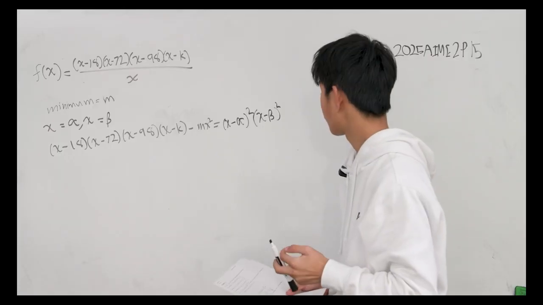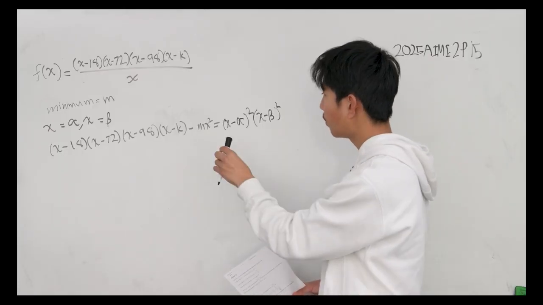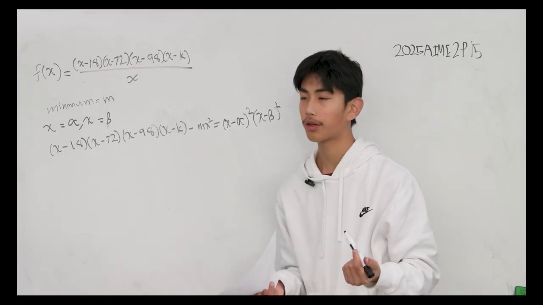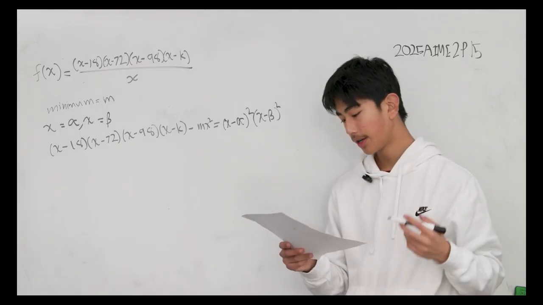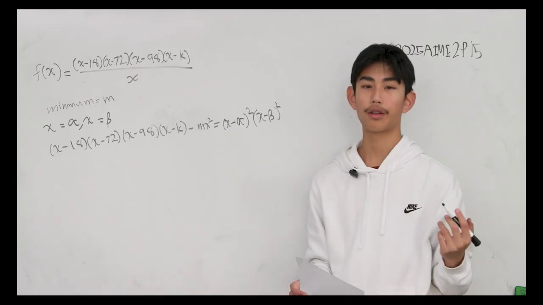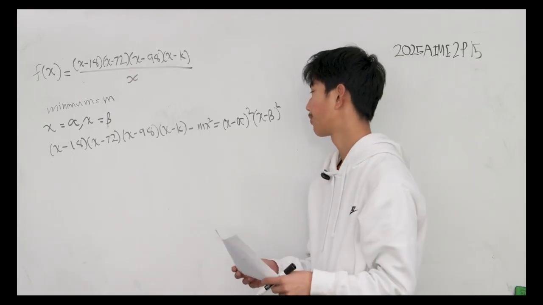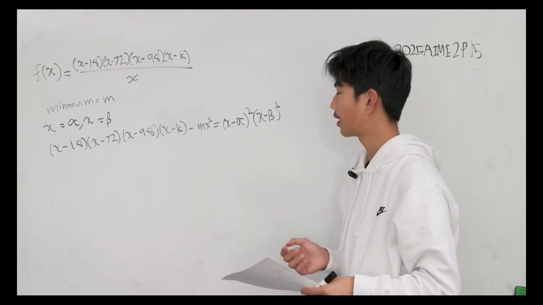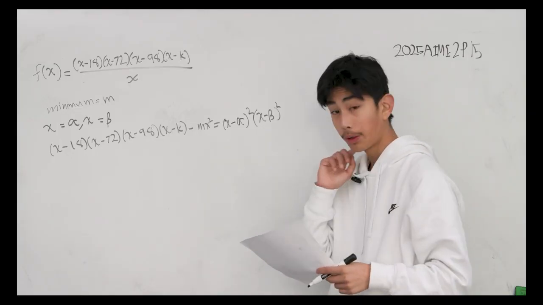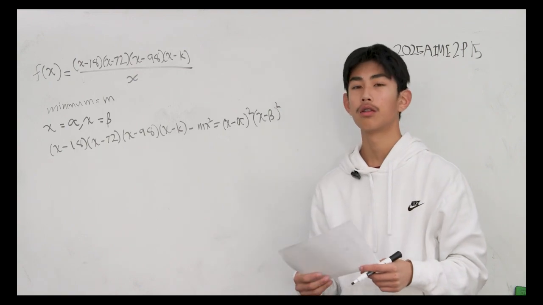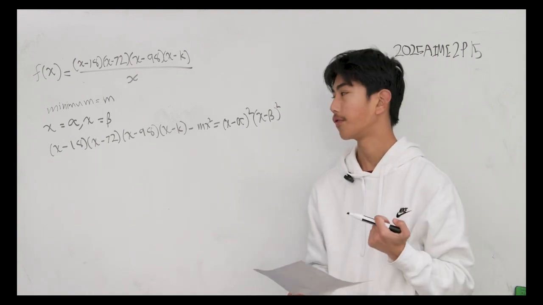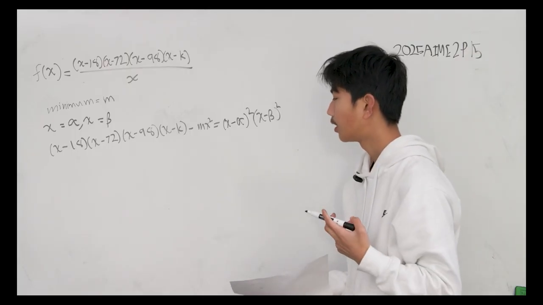Now, the reason why we've done this, well, we've kind of overcomplicated it with variables, is so that later we can find a more elegant solution. So if we have this, what we want to do is find the coefficients here to get an equation for k successfully.